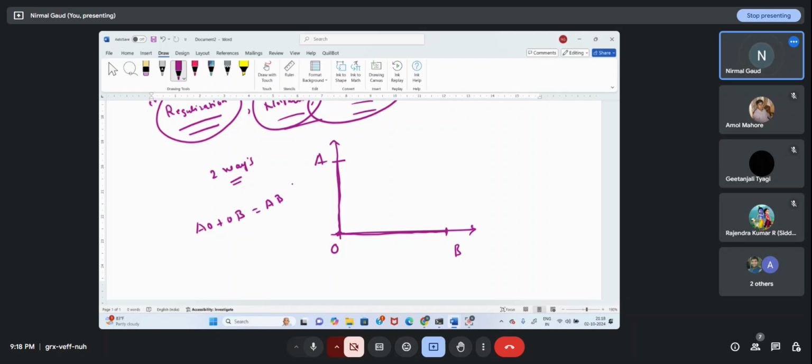Such kind of approach is called Manhattan distance.